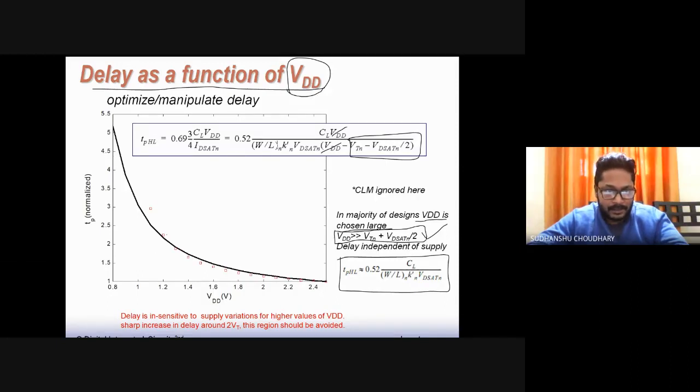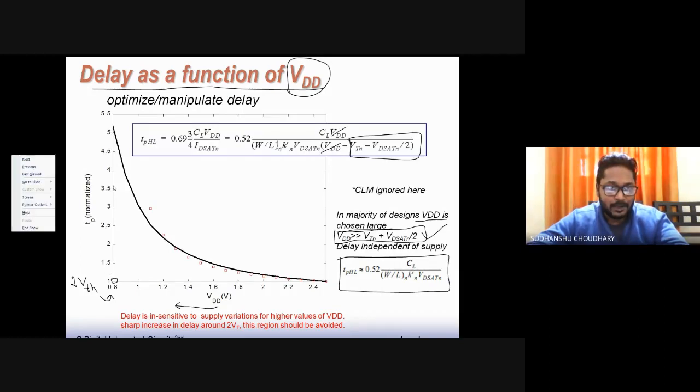But one has to also notice here that when VDD is scaled down, somewhere at this point, maybe 0.4 volts if the VT of the transistor is that, that means 2 VTH points, so that is this point here. At around 2 VTH, VDD equal to 2 VTH, there is a sharp increase in the delay.